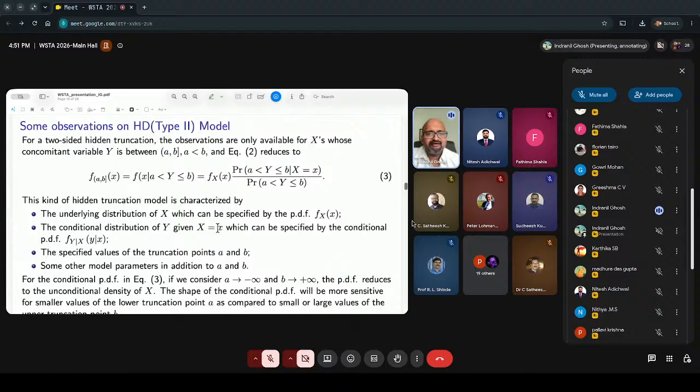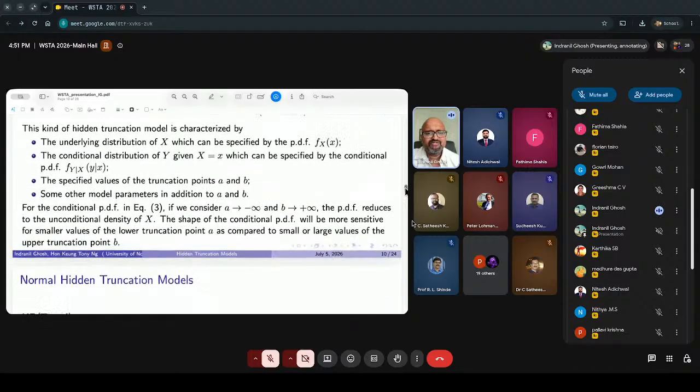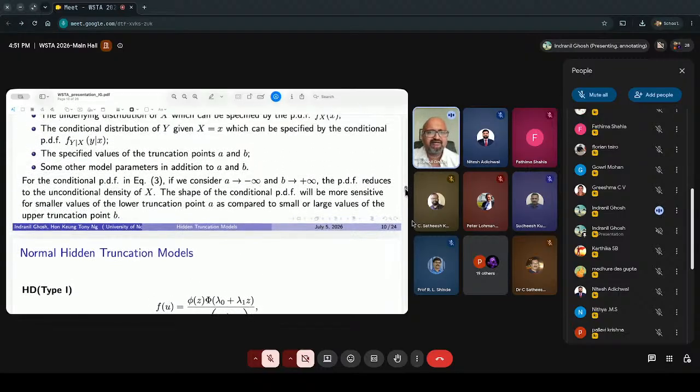And again, in this case, if you let a go to minus infinity and b go to plus infinity, then it goes to the unconditional density.